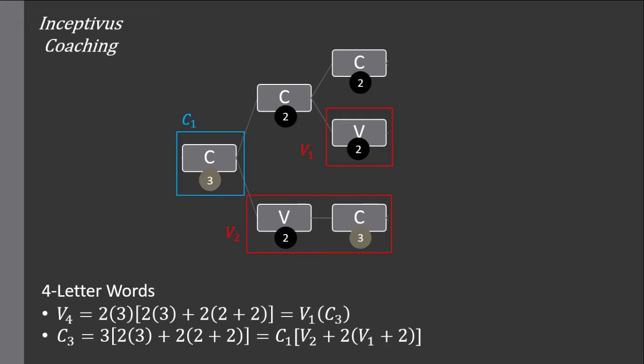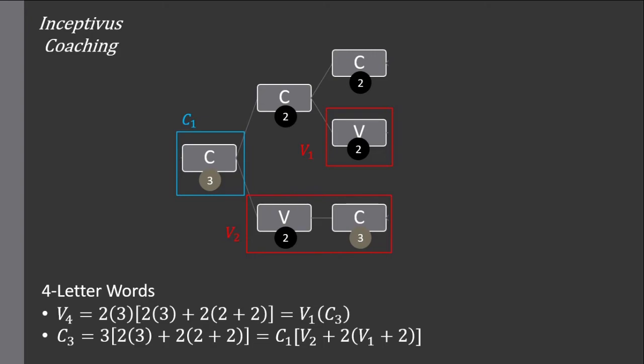On the lower branch, you have essentially a two-letter word that begins with a vowel, so it's V2. On the top branch, it is actually a non-repeating consonant, followed by a sub-branch of one-letter vowel. So we can see C3 is essentially equal to C1 times V2 plus 2 V1 plus 2.